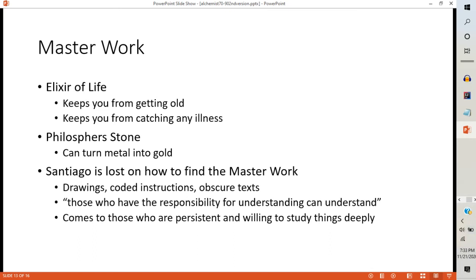He doesn't see why they can't just come out and say, hey, this is how you find the Masterwork. But the books and all these old texts, the knowledge from the older alchemists, has been codified. It's not very easy to understand. And Santiago's wondering here, why do they have to make things so complicated?